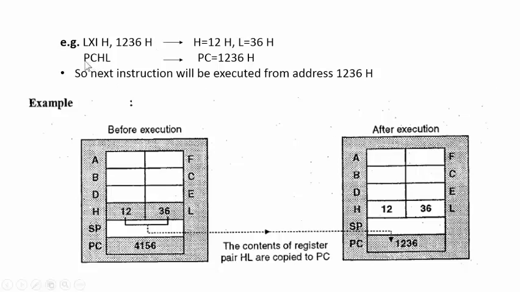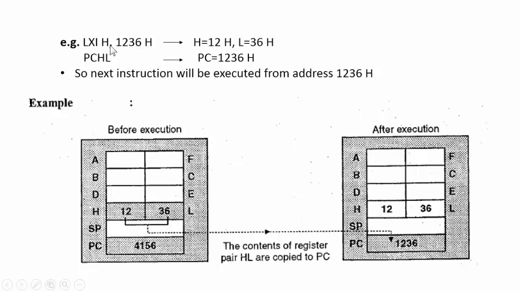So see here, before using this PCHL, the LXI H instruction is used. So LXI H 1236 means load the specified register pair, that is HL pair, immediately with the 16-bit number. As far as this LXI instruction is concerned, this 1236 is the 16-bit immediate number.